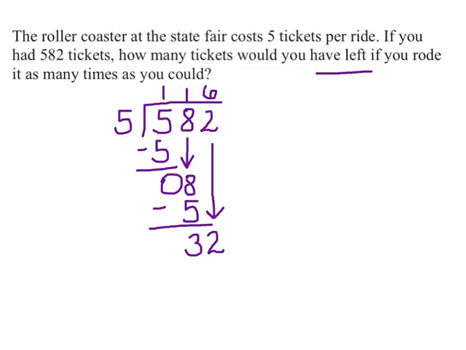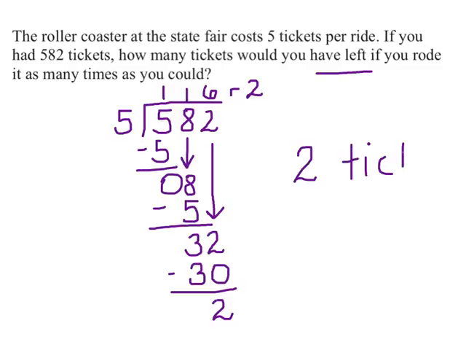That would be 6. And 6 times 5 is 30. Let's see how close we got. 2 minus 0 is 2. 3 minus 3 is 0. So I have a remainder of 2. Wow, we could ride that roller coaster 116 times, and then we would have 2 tickets left over. So the answer to my question is we would have 2 tickets left.